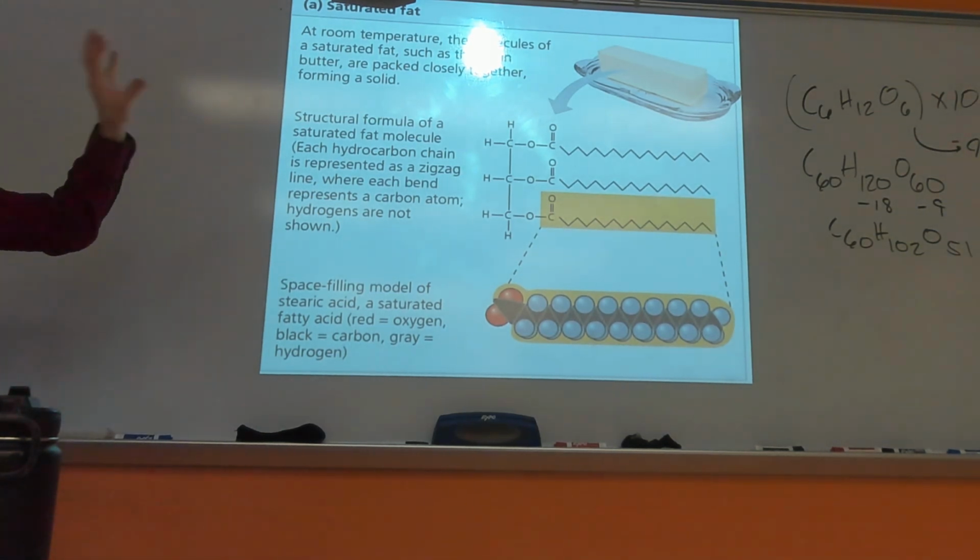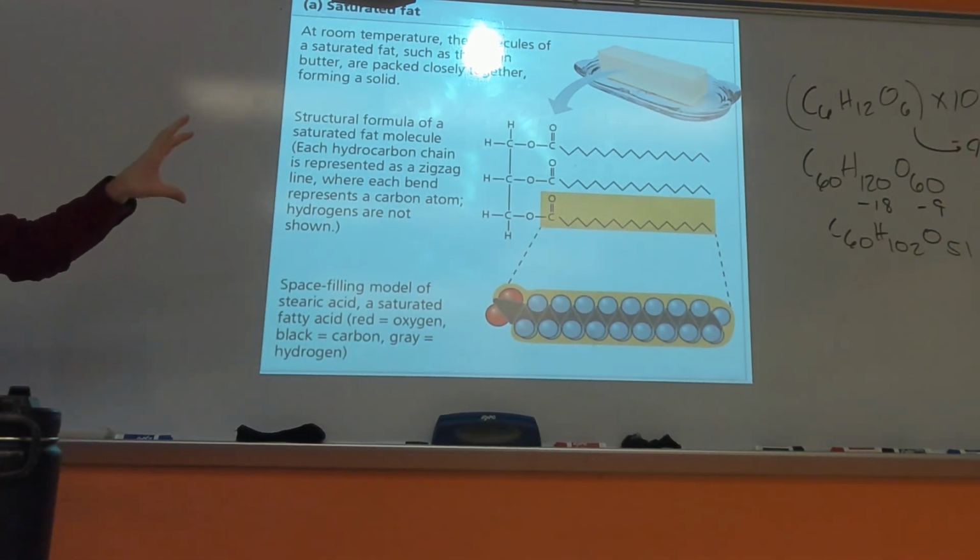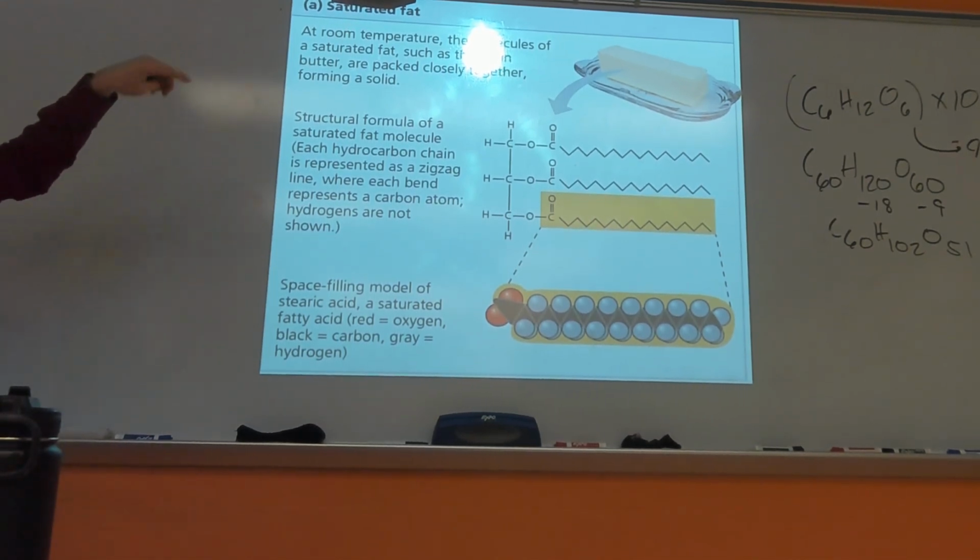So, how we can change these lipid molecules is basically you can add and remove double bonds to these tails. Looking here at what we call a saturated fat, which you've probably heard that name before, right? Saturated fats have no double bonds.